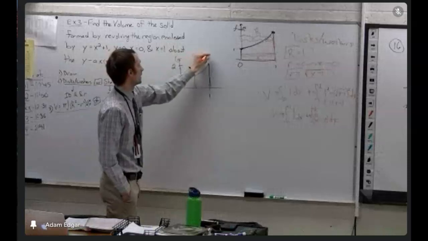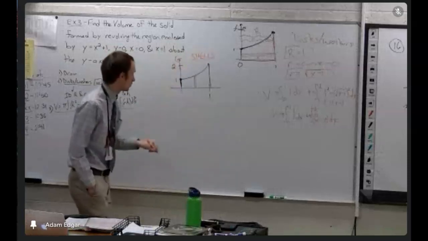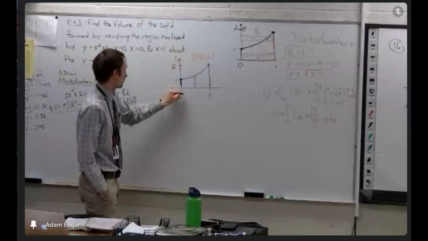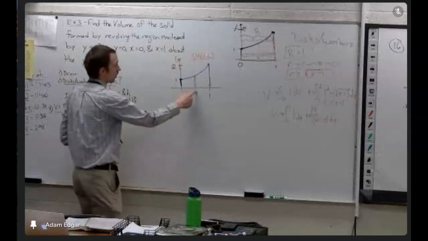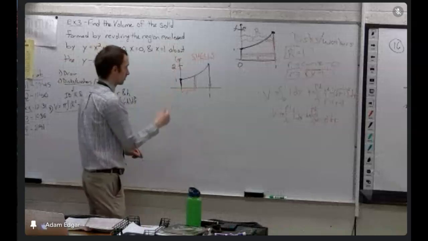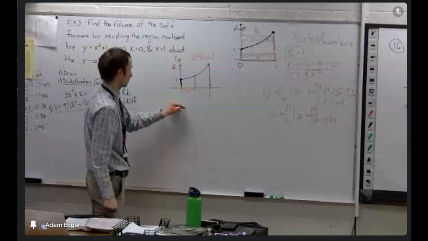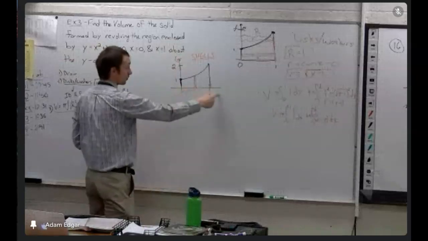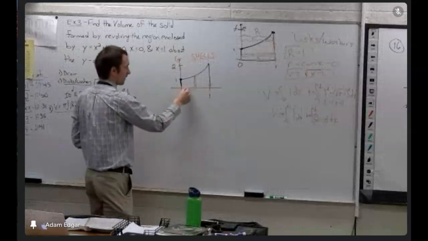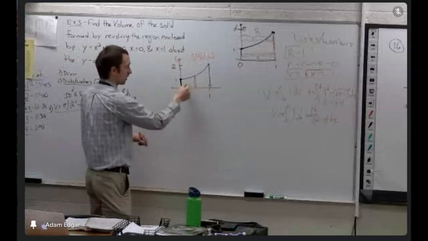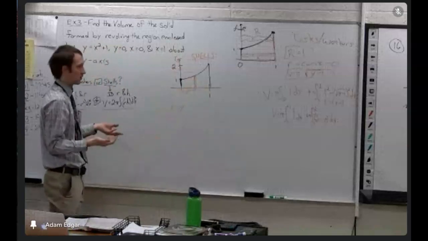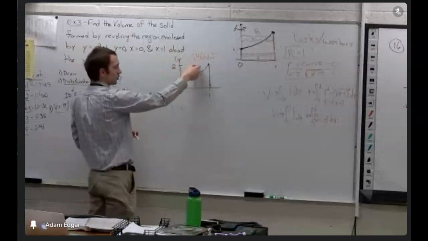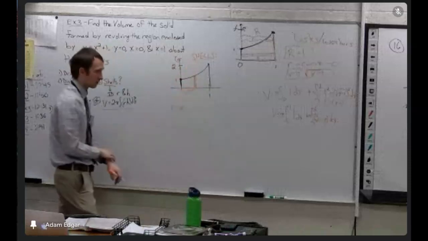And then for shells, we need R and H. What's your radius R of the shell away from the axis of rotation? So it could go out as far as 1, but we have infinitely many shells here. Each shell is x spaces away from the axis of rotation because it's just existing at a location x along the x-axis.